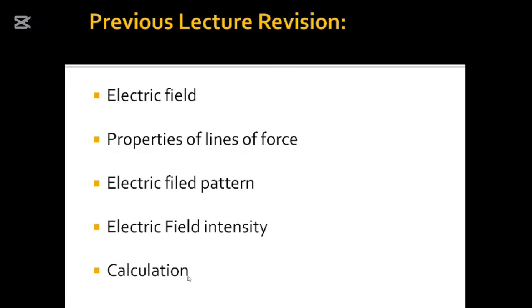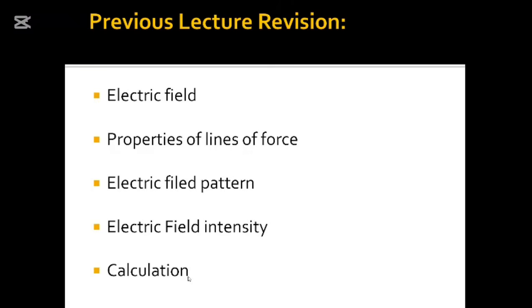So it acts as if the positive charge is the source, while the negative charge is the sink. In terms of diagram or pattern, it must start from the positive charge outwardly, while it goes to the negative charge inwardly. That brought us to electric field pattern.